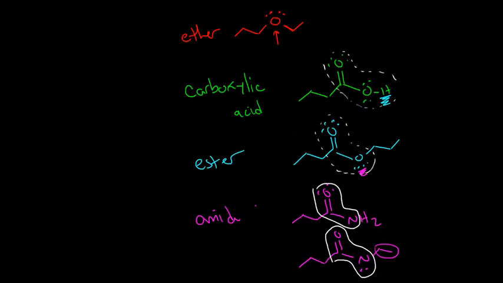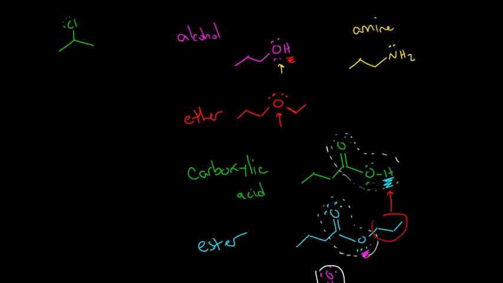The carboxylic acid is related to the ester, but we replace this carbon chain with a hydrogen. An ether is an oxygen built into a hydrocarbon chain. An alcohol is this OH group at the end, and an amine is an NH group at the end.